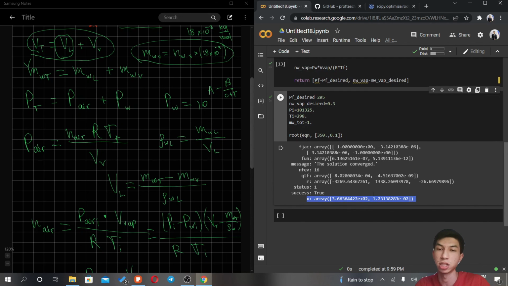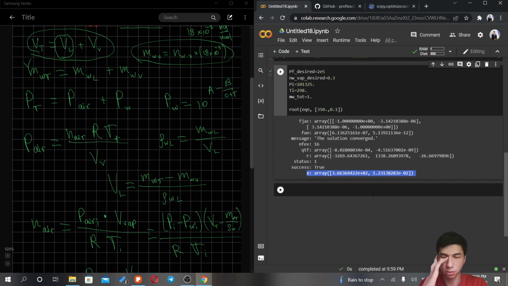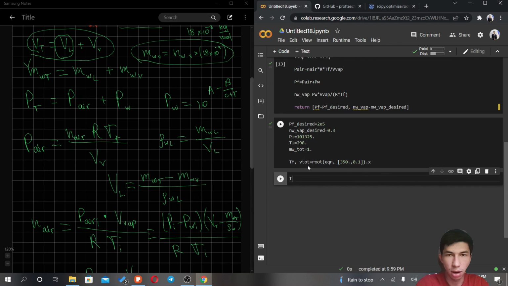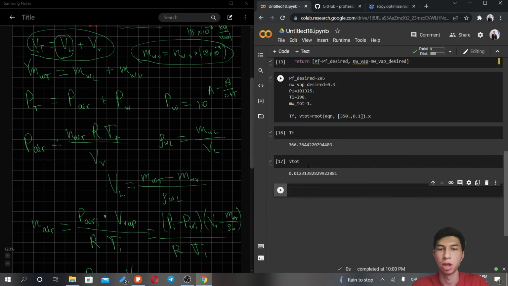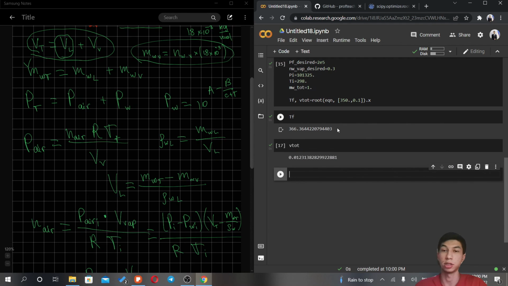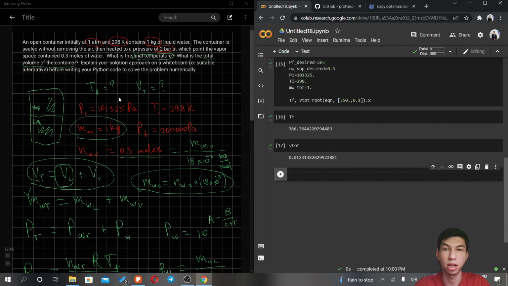As you can see, this is the vector. So if we just unpack it, total would equal the root, the value under the x. So now we can get the values for final temperature and V total. These would be our final answers for the question provided here.